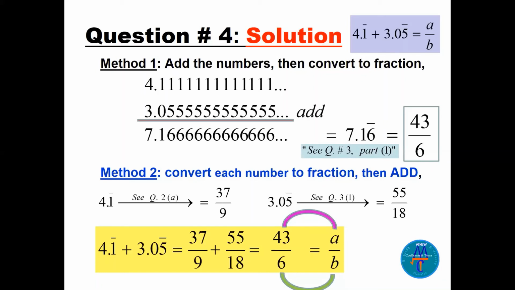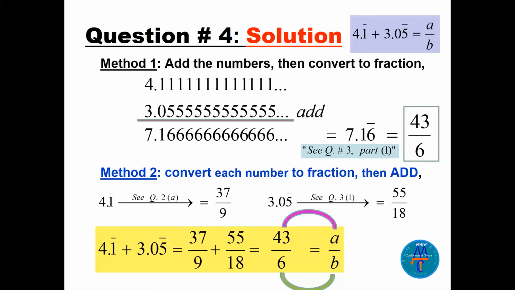Or another way, you can convert each number to a fraction, then add. So if you like this method, I take 4.111111, see question 2a. There's one repeated number here. Same method, you get 37 over 9 for this number.